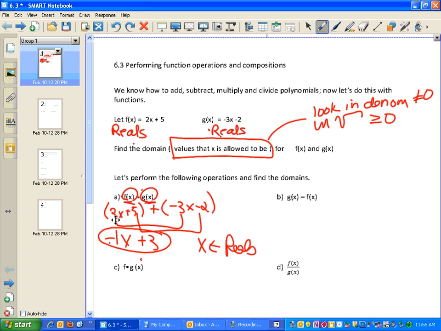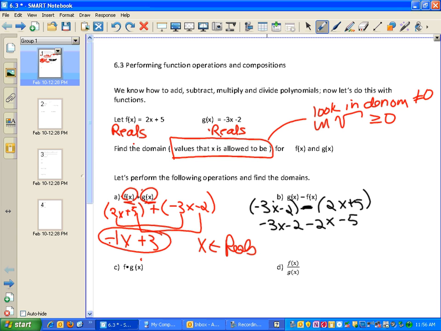All right, what am I doing with my two functions now? Which one goes first? So negative 3x minus 2 minus 2x plus 5. But what do I need to do with that negative sign? Pull it through. So negative 3x minus 2 minus 2x minus 5.